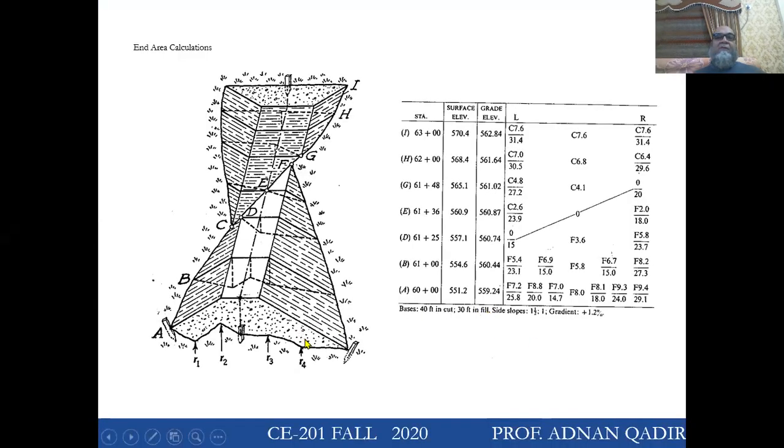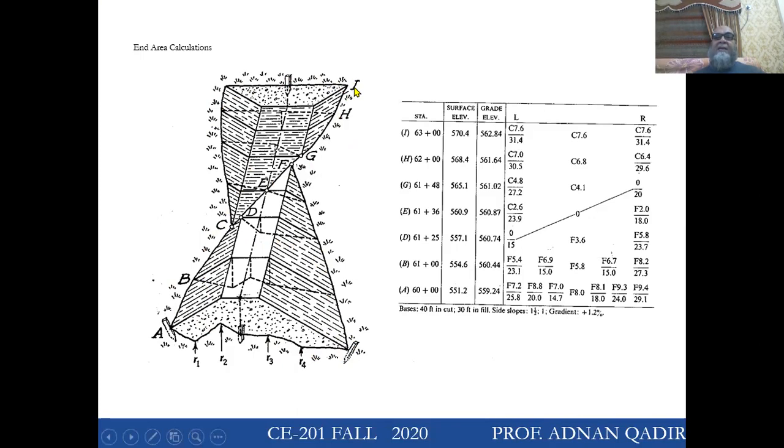Now if you have been given this figure, in which we have taken cross-section along the length of the road, you are interested in knowing what should be the volume between this point of the land. Now let's start from here.